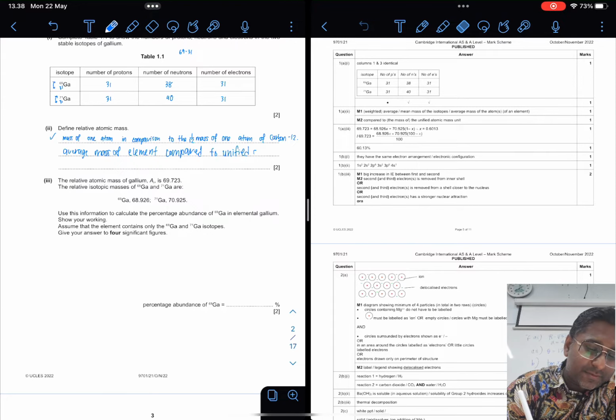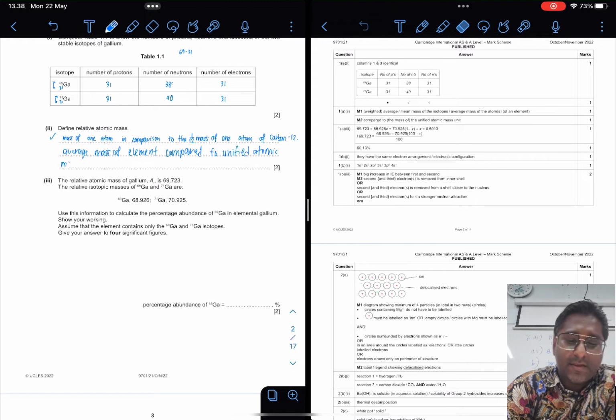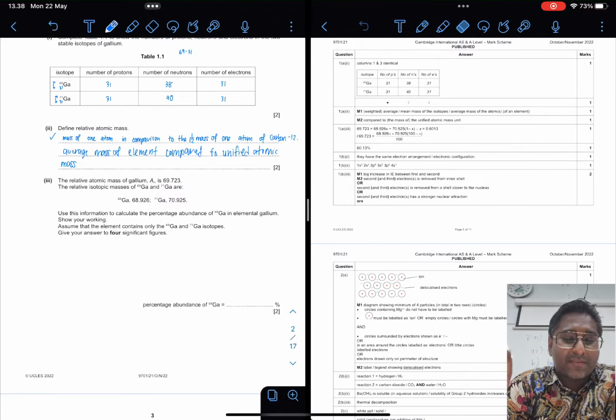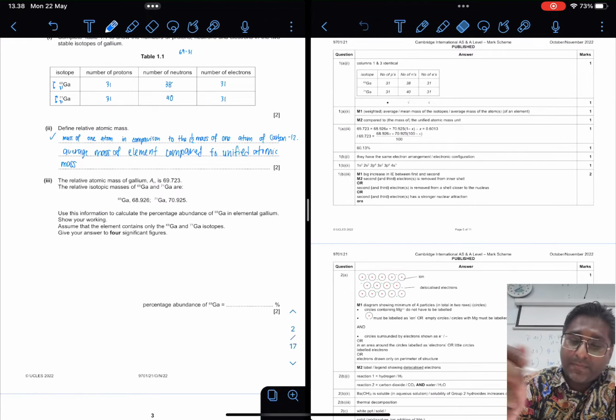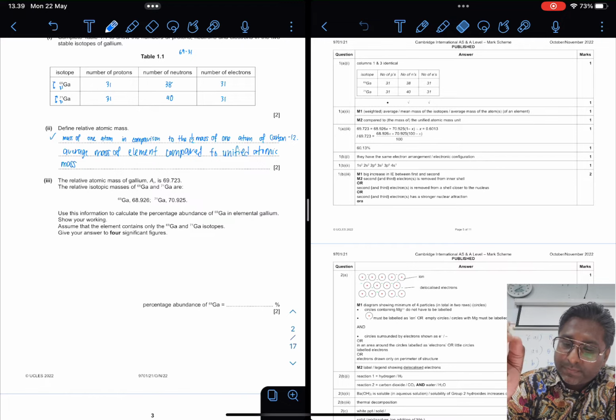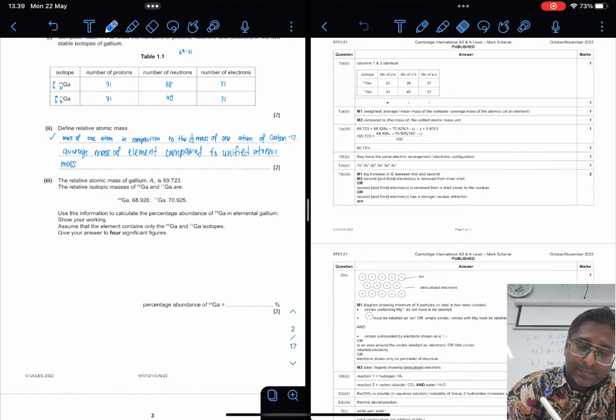The unified atomic mass unit is 1/12 of the mass of one atom of carbon-12.